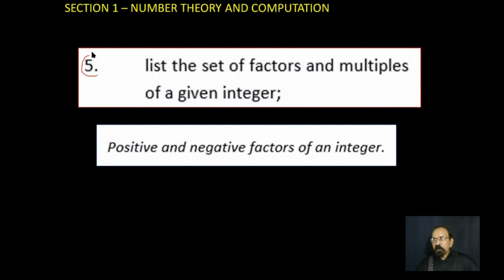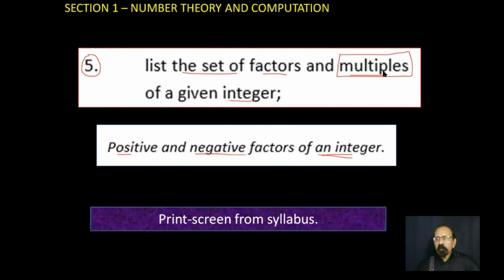Objective 5, list the set of factors and multiples of a given integer. So we will be looking at positive and negative factors of an integer, and we will also be looking at positive multiples. Well, negative too.